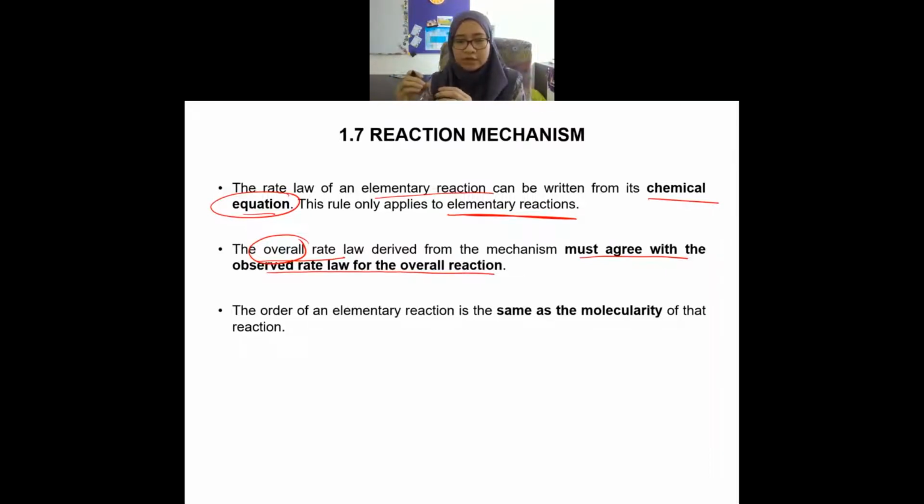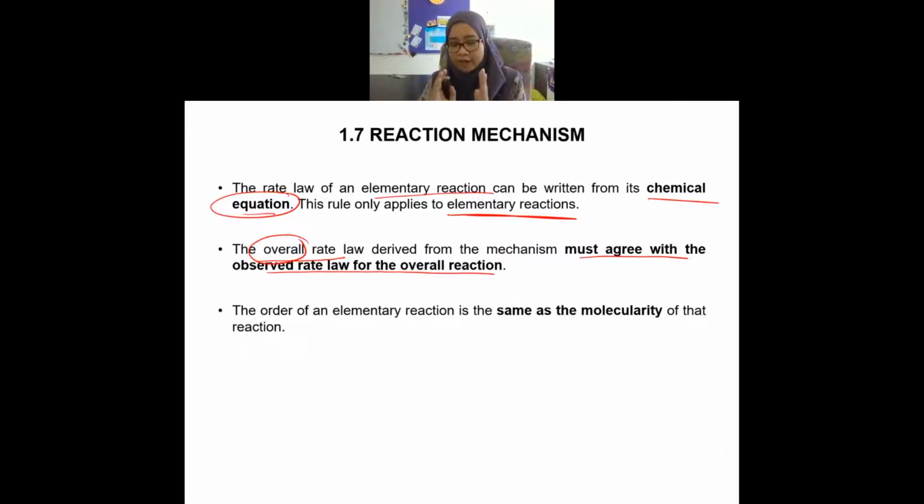Sebenarnya, but we are not going to cover that sebab we have discarded. Kita dah keluarkan, we had that in our syllabus, but now no longer, we don't have that part in our syllabus anymore.